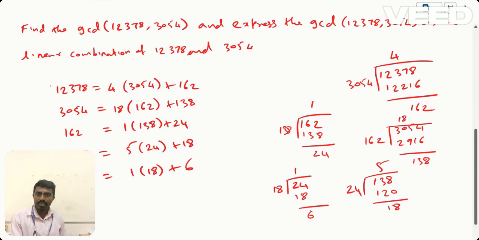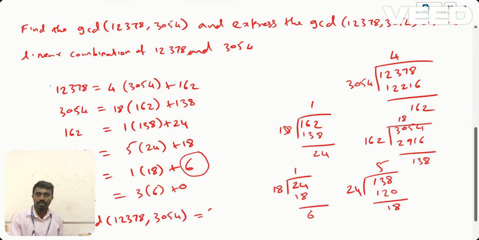Finally, 18 divided by 6 is 3. So 18 is 3 times 6 plus 0 as the remainder. So the last non-zero remainder is 6 in this algorithm. So 6 is the GCD. Therefore, the GCD of 12378 and 3054 is 6.